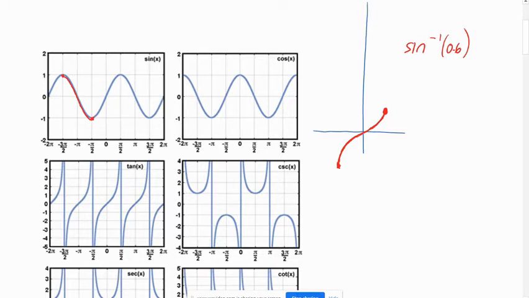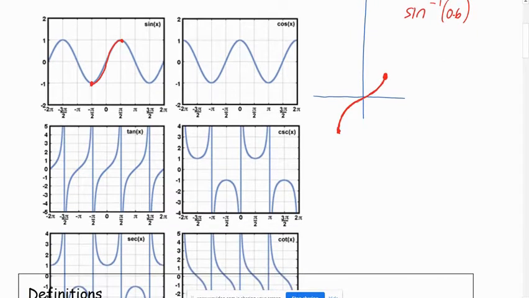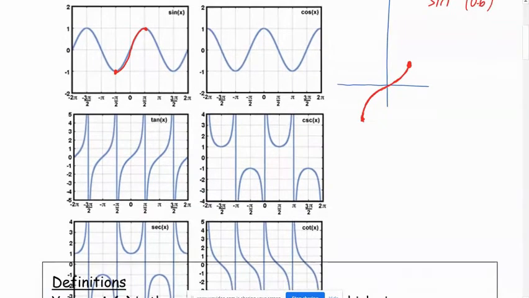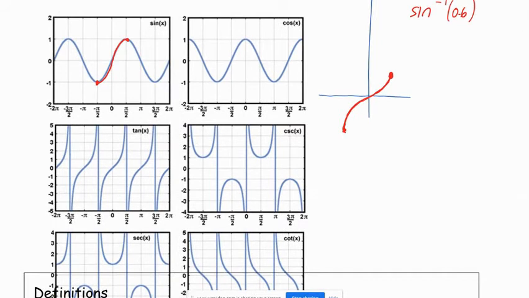So it was really an arbitrary decision, but it makes sense to choose an interval that surrounds 0, and so that's why they chose from negative pi over 2 to positive pi over 2 for the restricted domain. As long as everyone agrees that that's what we're going to do, then like I said, it's arbitrary. We just needed to pick a piece of the graph that satisfies the vertical line test. And so this is what was chosen for sine.